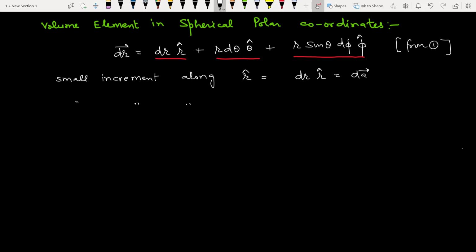Small increment along theta cap is r d theta theta cap, dB vector. Small increment along phi cap is r sin theta d phi phi cap, dC vector.